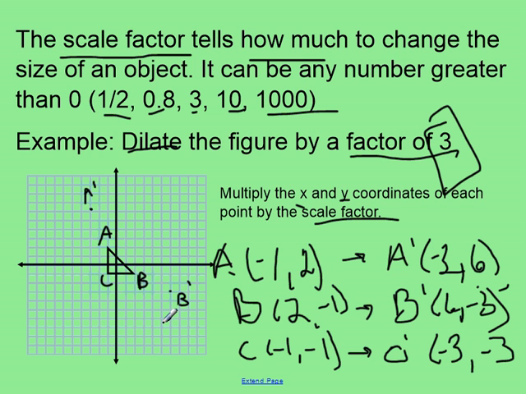And C prime is going to be at -3, -3, right there. Now I just connect those dots with straight lines, and you can see your dilated object take form. As you can see, it is the same shape, just a different size as the original object.